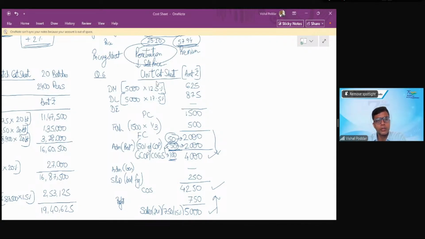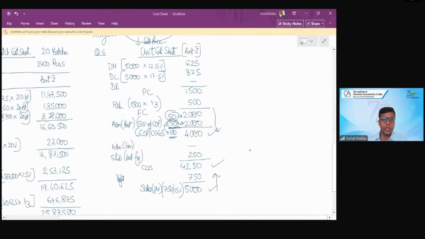Somebody is saying Ishan, but sir, ICAI wants to know detailed explanation. See, beta, ICAI never demands unnecessary explanation. So this is what you can show here itself. Or if you want, you can definitely do it in the working note. That is fine. So what I can do is simply here, since this 2000 is 50% of COP.